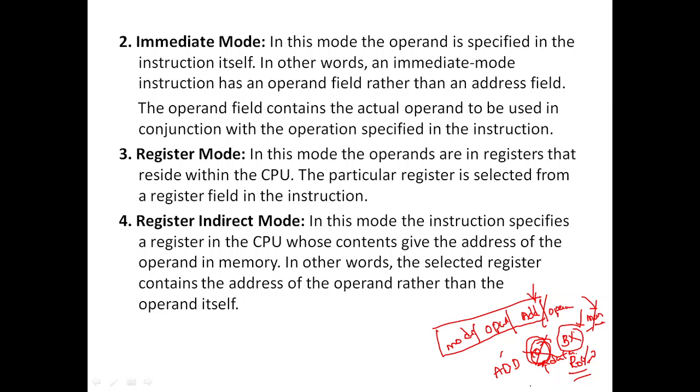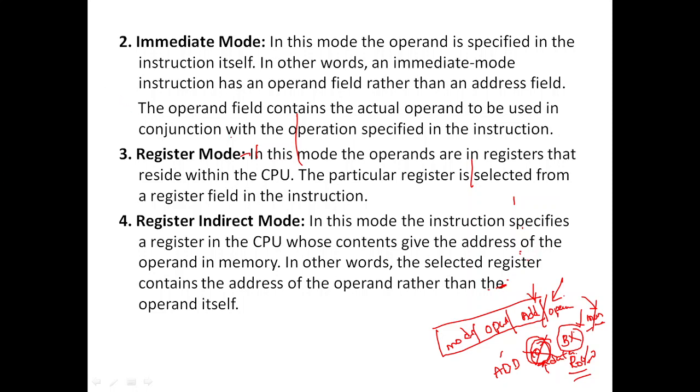So immediate mode in the sense the operand is specified in the instruction itself. Operand is nothing but data. The operand field contains the actual operand to be used in conjunction with the operation. ADD 10 in the sense 10 is the data which I have specified directly. So that is the immediate mode.